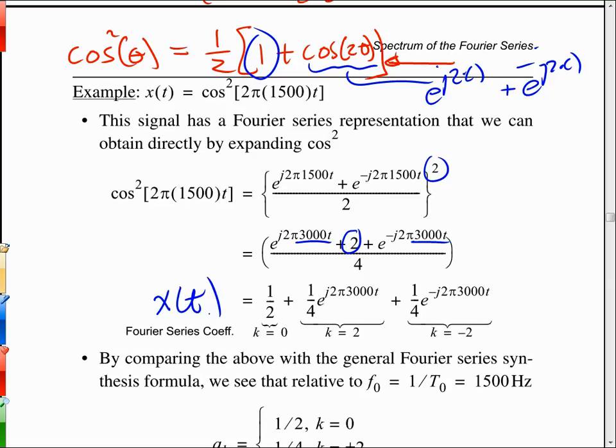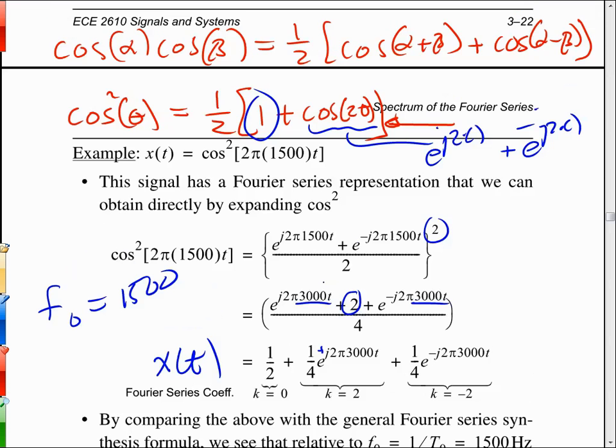And for the k equal to 2 term, if I consider f naught to be the original frequency of 1500, 3000 would be the second harmonic. So the coefficient that goes with k equal to plus 2, because it's sitting with this plus e to the j term, what should that coefficient be, according to our synthesis formula up here?